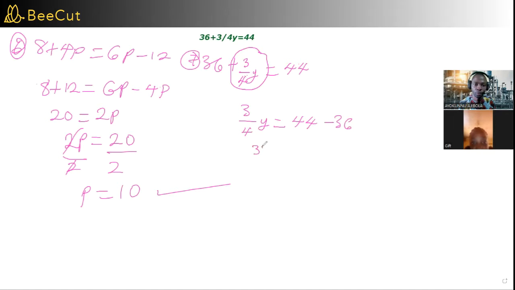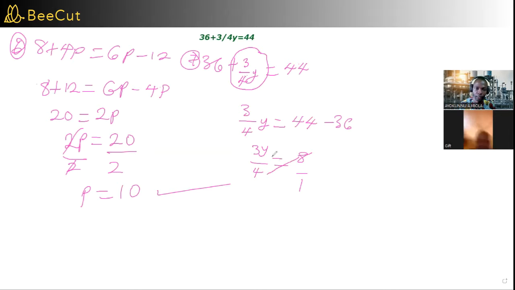So that is 3y all over 4 now, because 3 times y is 3y. Then what is 44 minus 36? 8. It's correct. So I'm going to now cross multiply.